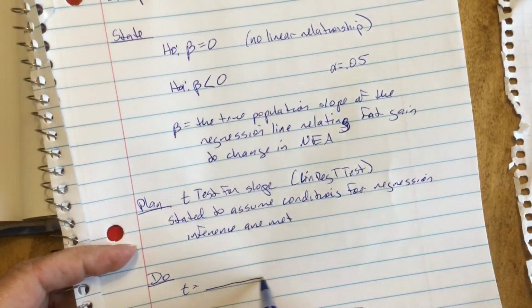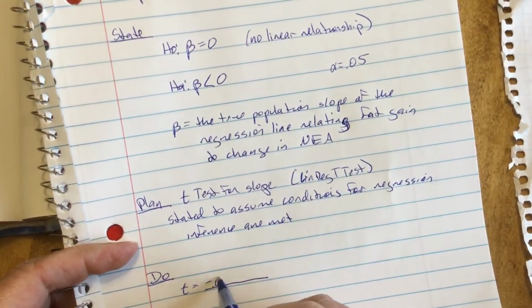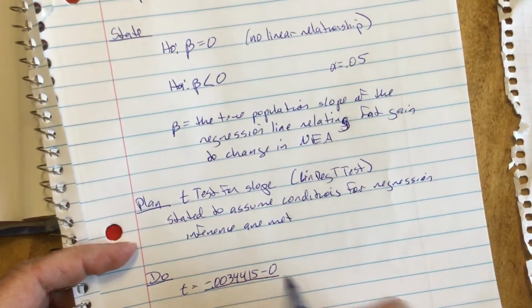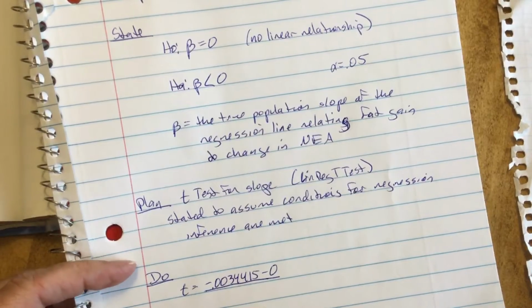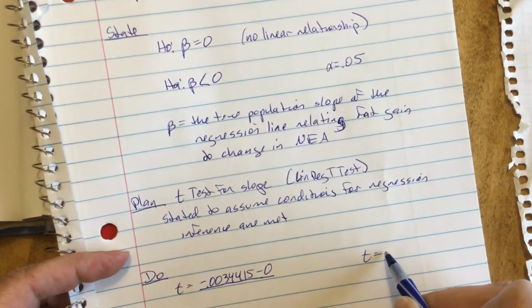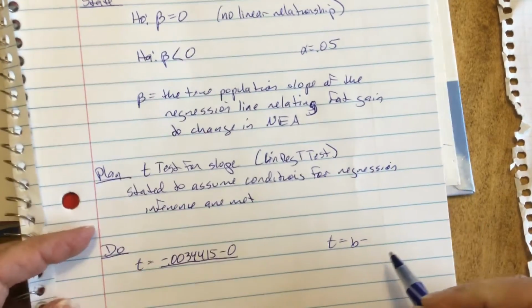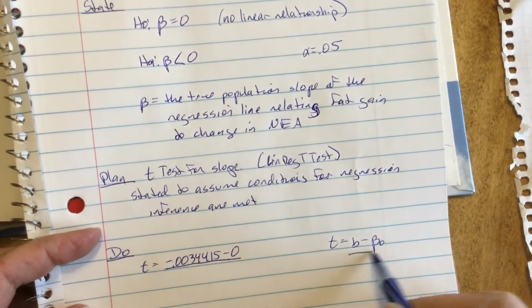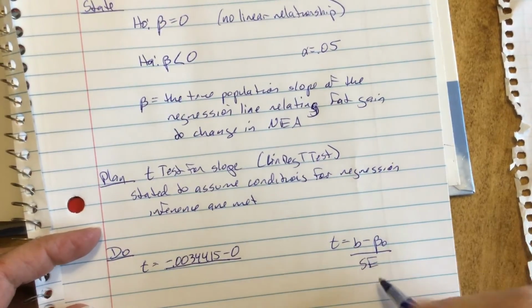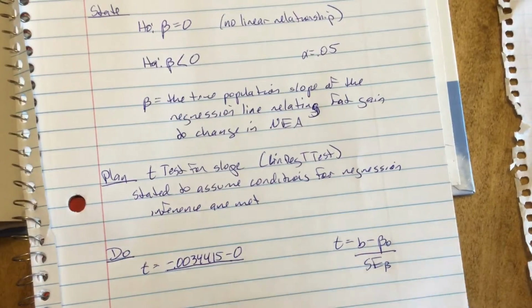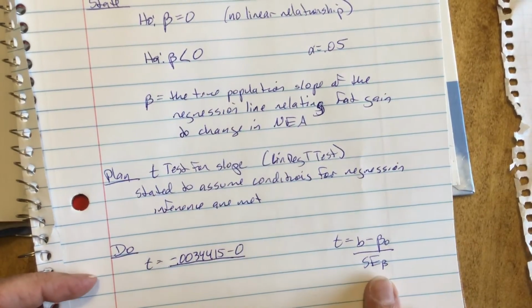So that's the first part of my t-score, okay? Actually, I should write that formula down. I'll write it over here so you can see it. So it's my sample slope minus the slope of my Ho divided by the standard error of my linear regression, okay? Now that, again, is on the printout, okay?